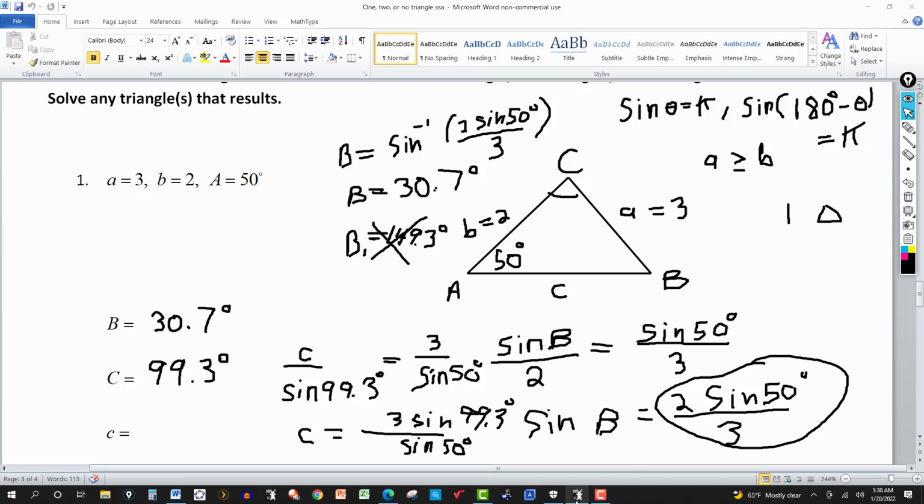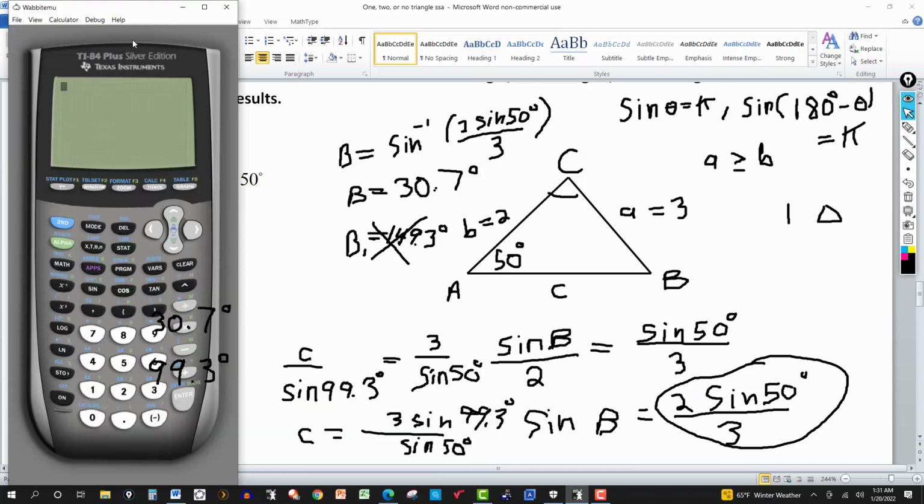So now we take the calculator, and we're going to have 3, doing the right side of this, 3 times the sine of 99.3, close parentheses, and I just hit enter. I get that, and then I'm going to divide that, so hit divide by the sine of 50.